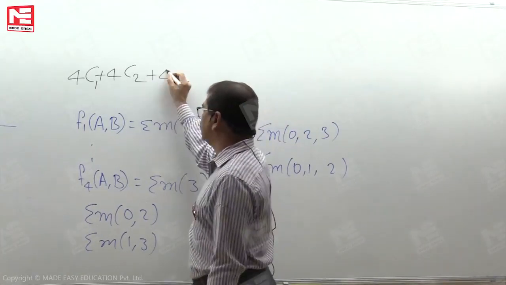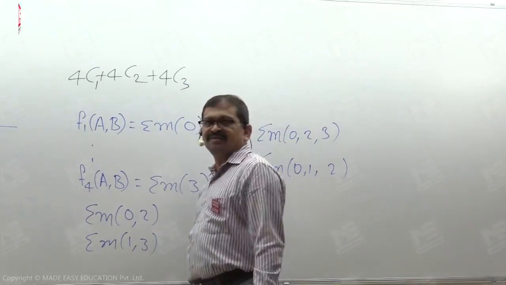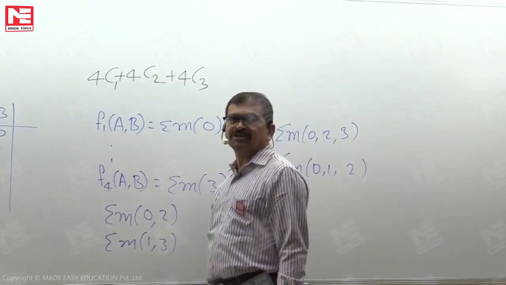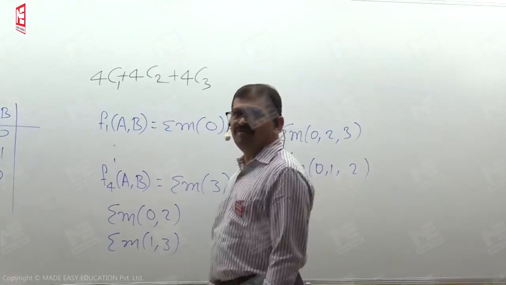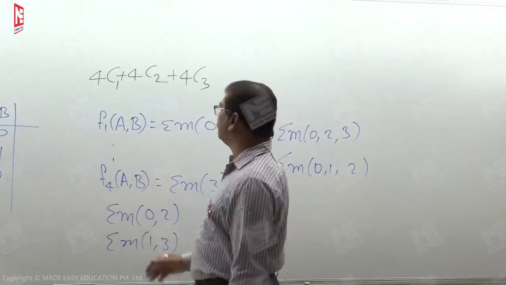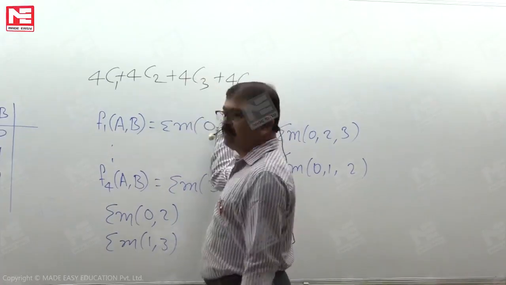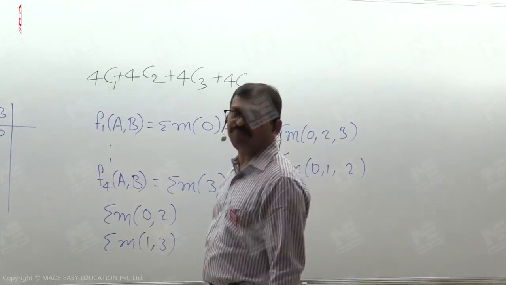Our answer is 4C3. Taking all the combinations as the minterms means we want to use all the 4 combinations as the minterms. With the same approach, it must be 4C4.